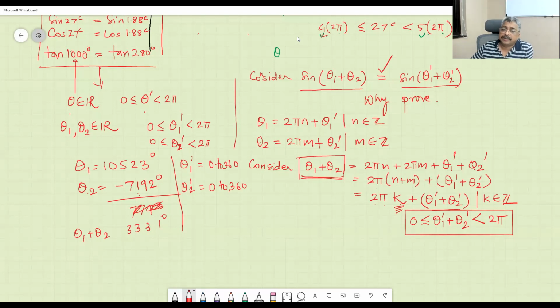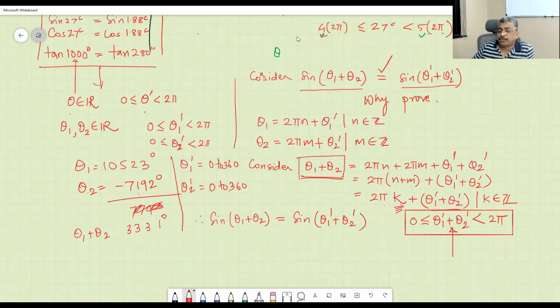Always going to be possible, and therefore sine of theta 1 plus theta 2 is bound to be equal to sine of theta 1 dash plus theta 2 dash, because the geometric diagram of theta 1 dash plus theta 2 dash is going to be exactly the same as the geometric diagram of theta 1 plus theta 2.